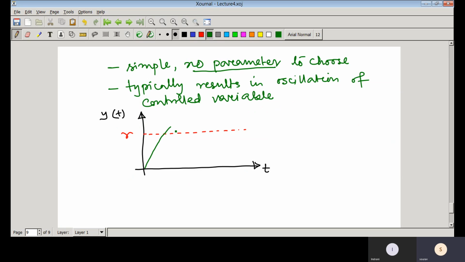Whenever it is off, immediately it starts falling down, and when y again crosses that r, that means error is positive, then again it is on. So like this, the output will have some oscillation because of the on-off structure of the controller.